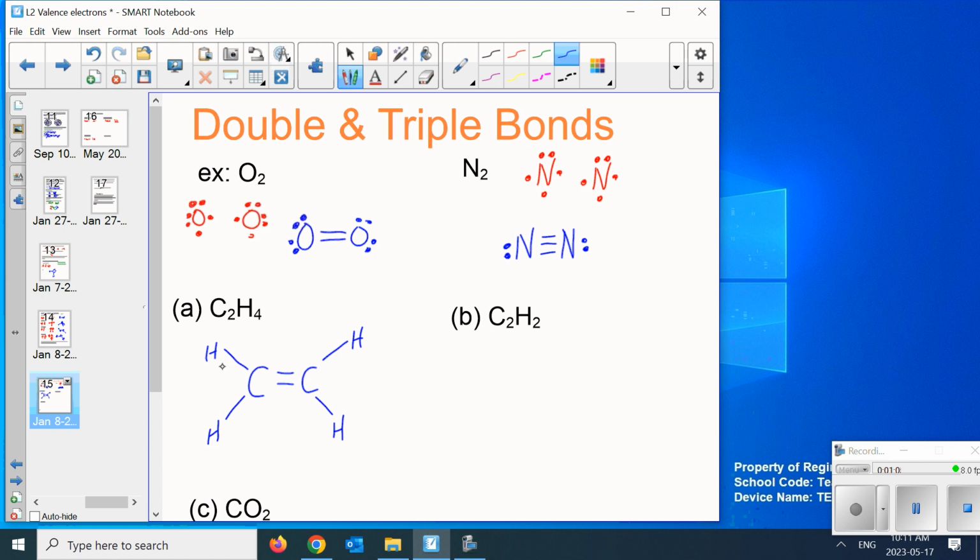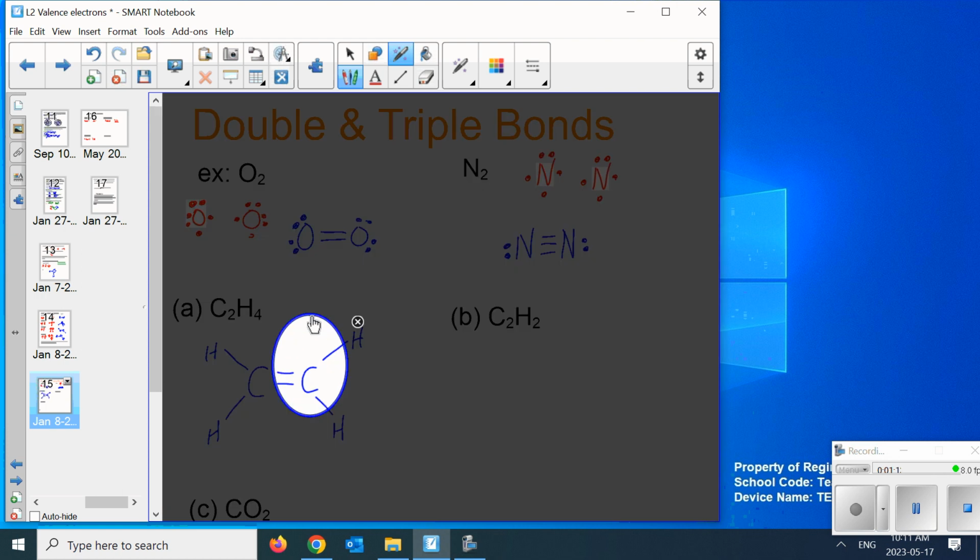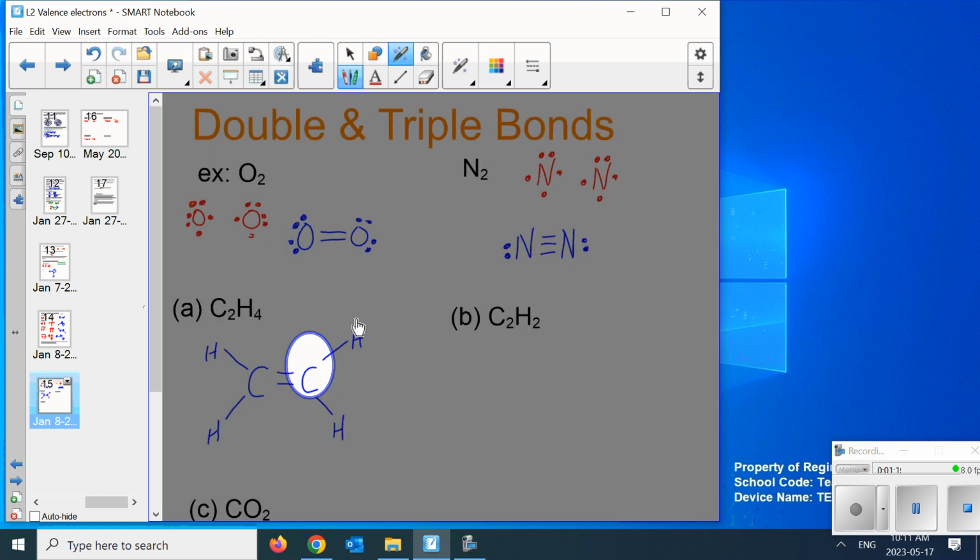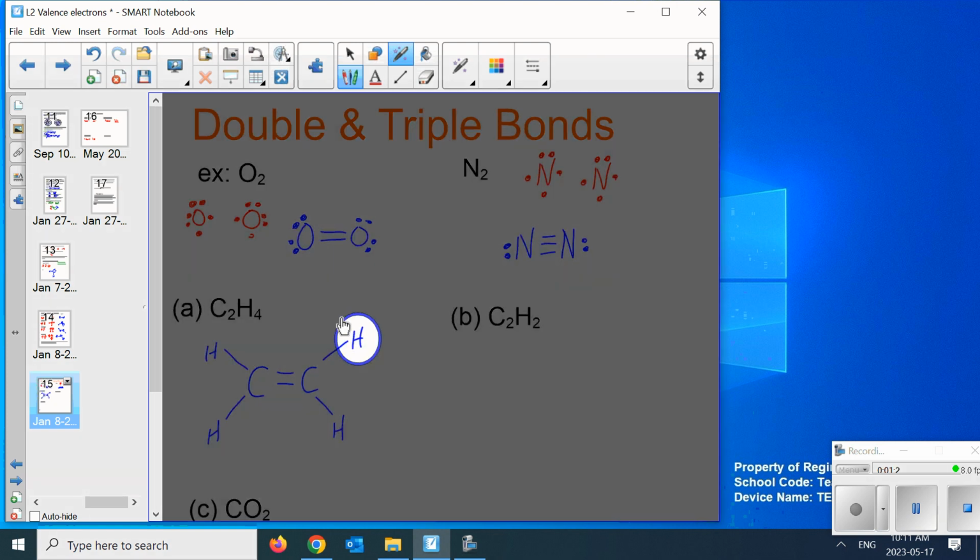Does that make sense? Everybody's making sense why it works like this? Each carbon has 1, 2, 3, 4 bonds. Hydrogen only wants one bond, and it's done.